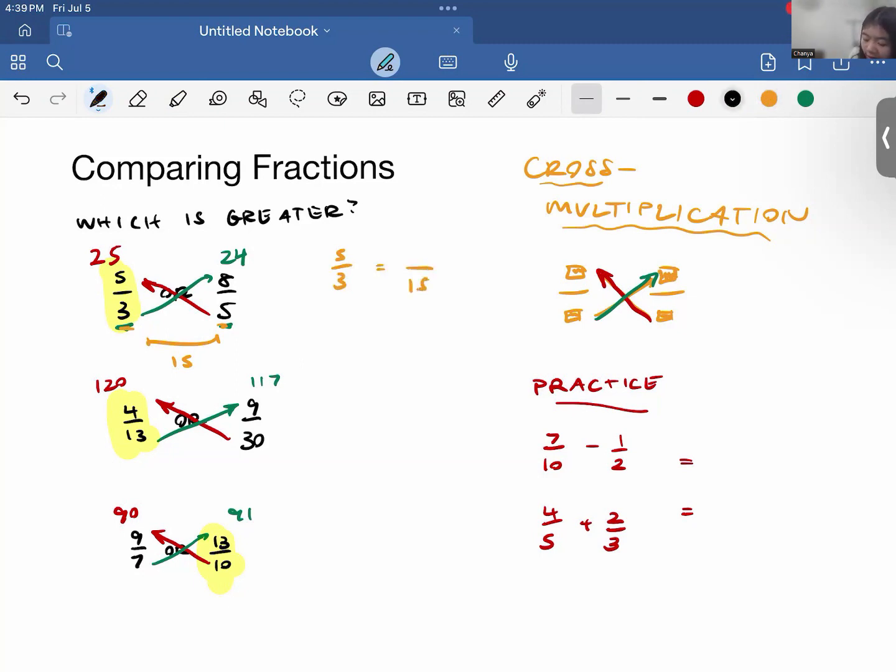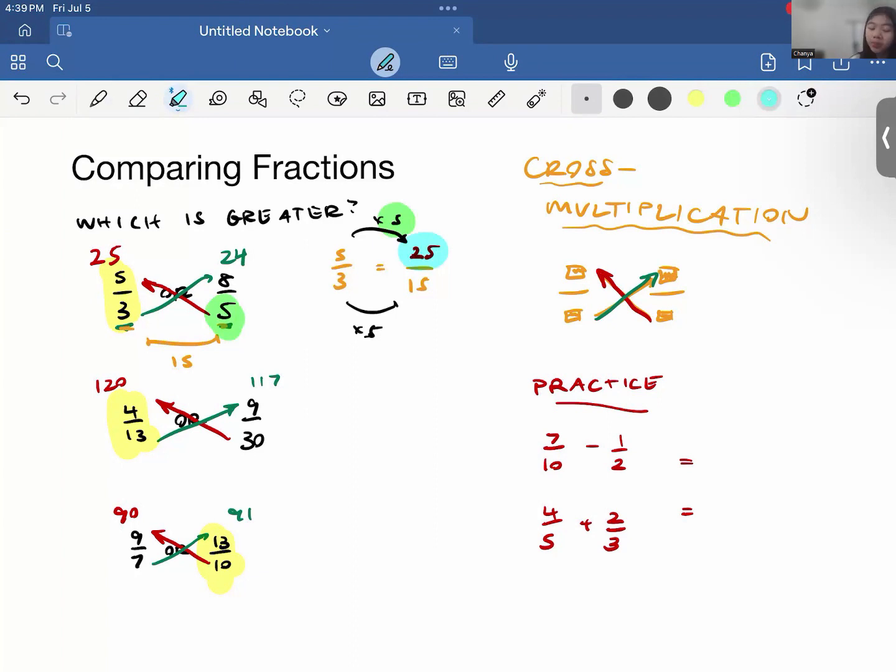Well, you notice that you multiply the numerator by 5 as well to convert it to 25 over 15, right? And when you're multiplying by this 5 here, you're basically multiplying by the denominator of the other fraction. So this is how you get the 25 here in the numerator, right?